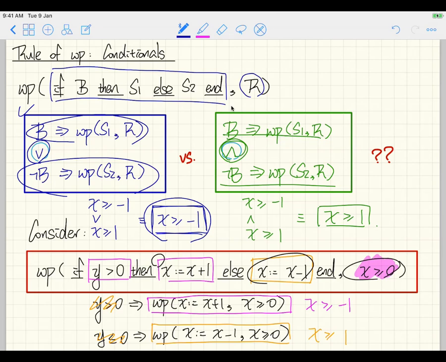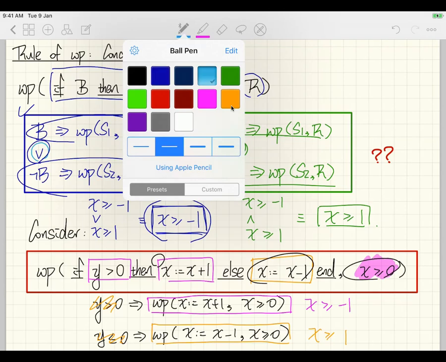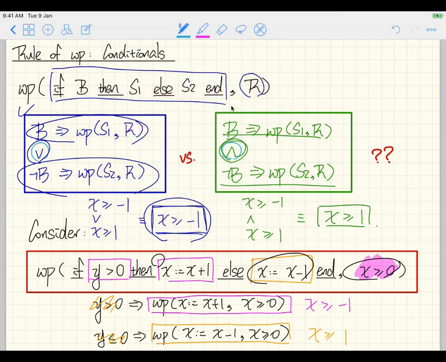What if x is -1? If it goes into the else, you do -1 minus 1, which is -2, and that doesn't satisfy. Exactly, very good. Let's repeat what you said. This particular weakest precondition tells us that as long as x is larger than or equal to -1, it will establish the postcondition.